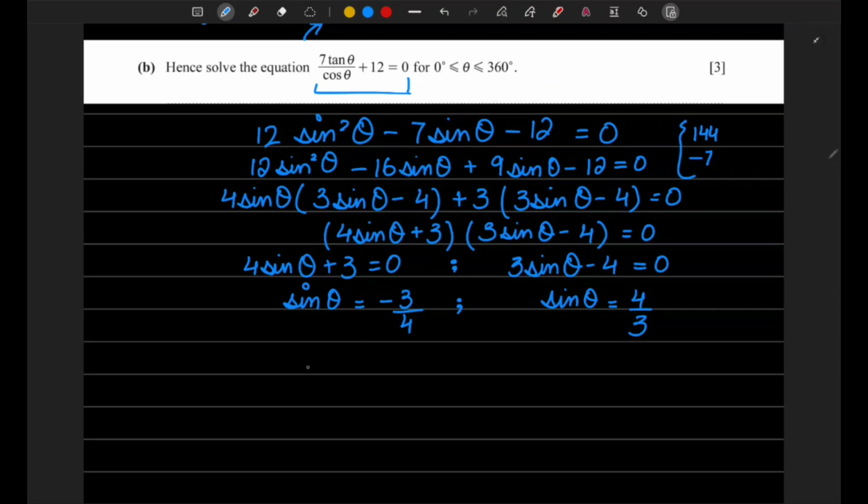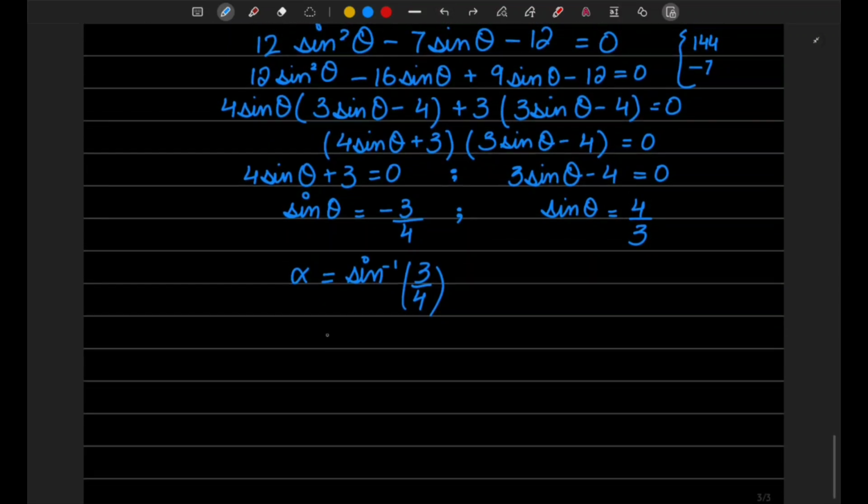When we find the angle, we take the basic angle ignoring the sign, so the basic angle is sine inverse of 3 over 4. As we have the angles in degrees, we solve in degrees, and we get the angle to be 48.5903. This is the basic angle.